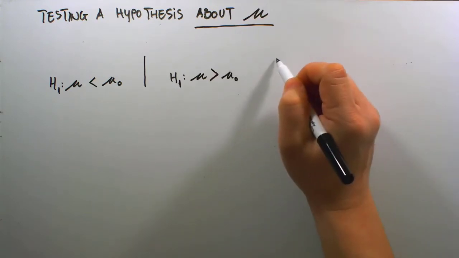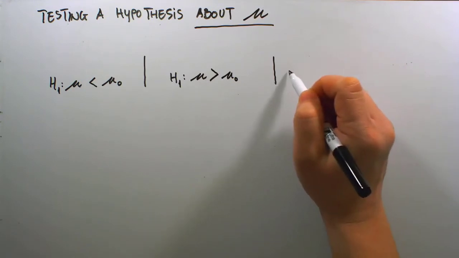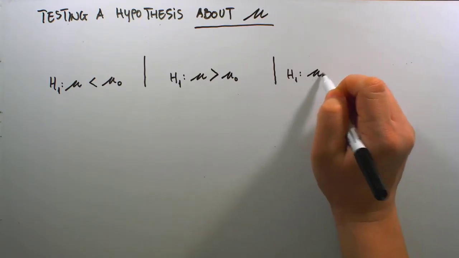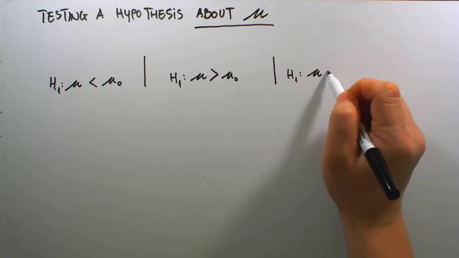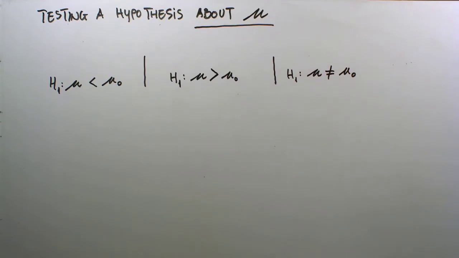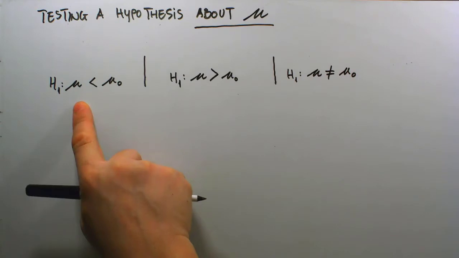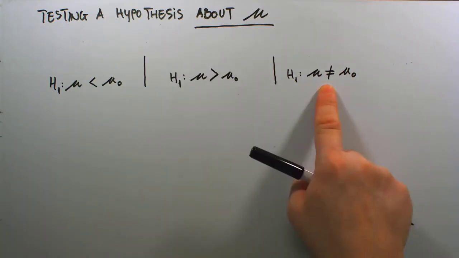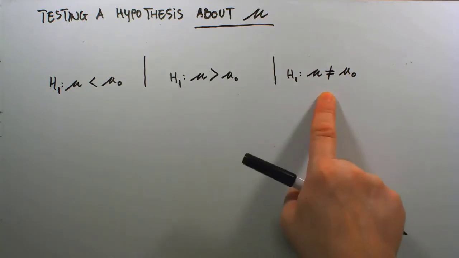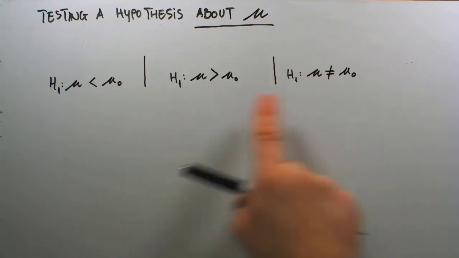Or in another kind of problem, the alternative hypothesis can also be saying that the population mean value can generally be other than the value claimed. And so these are the three, and the only three, common forms, the only three different ways an alternative hypothesis can appear. So it can only be one of these three different forms.